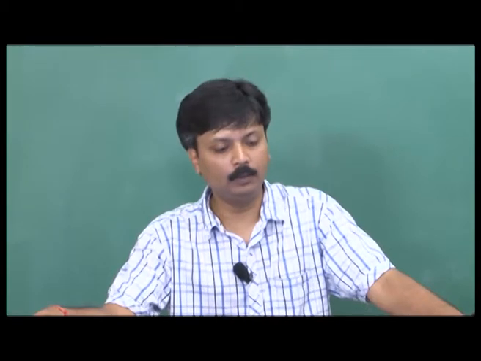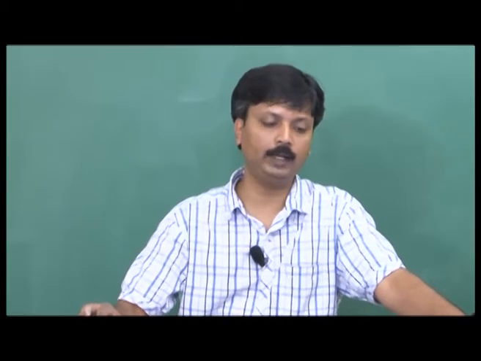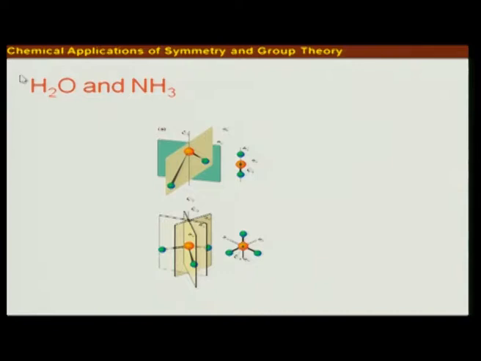So let's start with a molecule which is on your screen: water. This molecule water, which is a bent structure, we have been dealing with for quite some time, and we know exactly what the symmetry elements and symmetry operations are for this V-shaped structure.